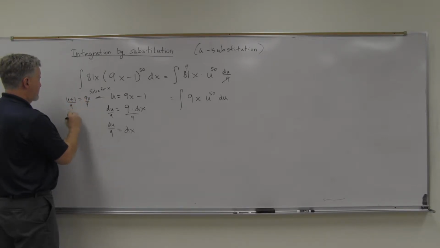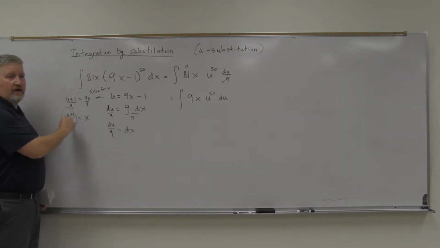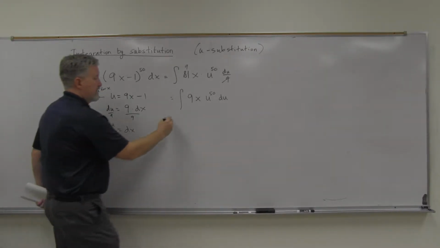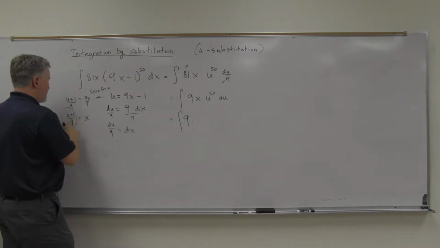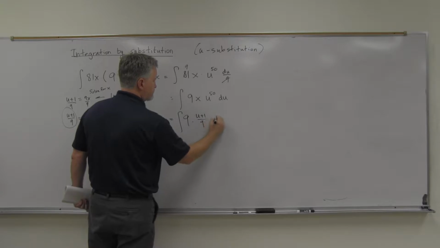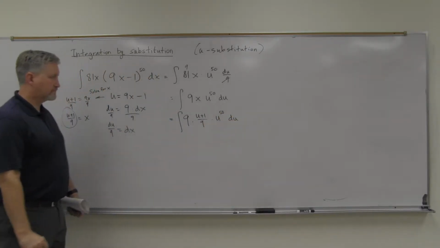So u plus 1 over 9 is x. That gives me a way that I can write x over there in terms of u. So now let's make that substitution, if you will. x is u plus 1 over 9, and then we have u to the 50th du.